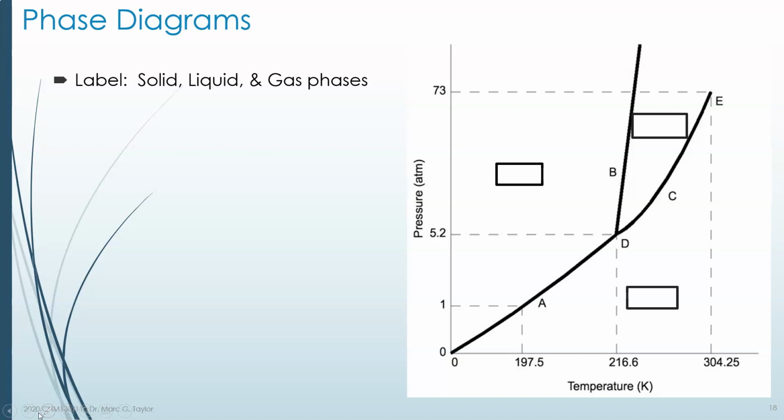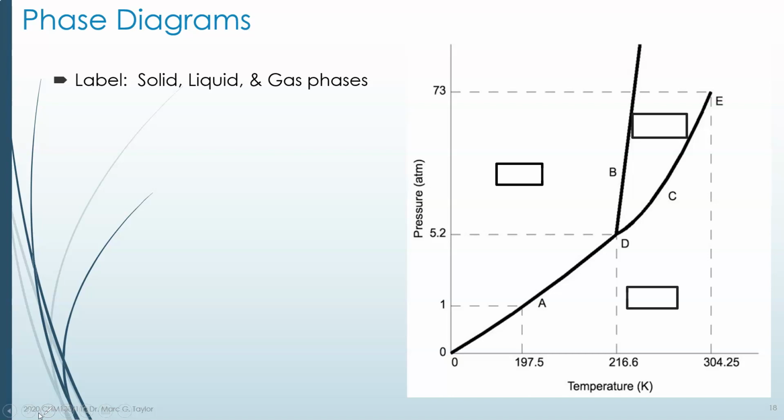So on the y-axis, you see that's labeled in terms of pressure. Low pressure at the bottom of the graph, high pressure at the top. And on the x-axis, we have temperature, and this is in degrees Kelvin, which goes down to 0. So 0 is the lowest temperature possible, called absolute zero. And it goes up to, in this case, about 300.